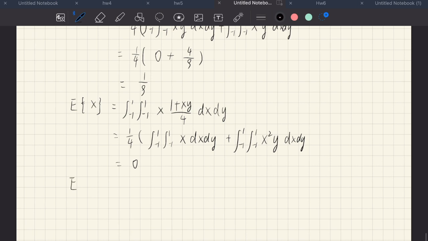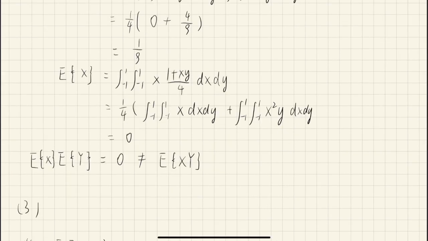And actually, we do not need to calculate the expectation of Y, because we know that the product of the expectation of X and the expectation of Y should be 0, and this is not equal to the expectation of XY. Here we can see that the expectation of X times the expectation of Y equals 0, which is not equal to the expectation of XY here.